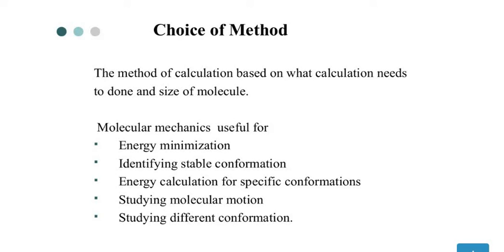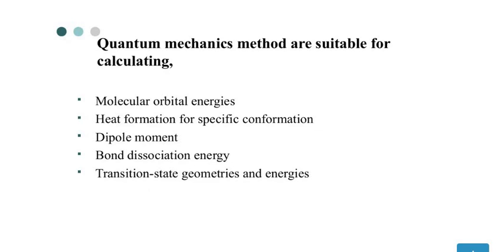Molecular mechanics is useful for energy minimization, identifying a stable conformation, energy calculation for specific conformations, studying molecular motion and studying different conformations. My friend, quantum mechanics methods are suitable for calculating molecular orbital energies, heat of formation for specific conformations, dipole moment, bond dissociation energy, and transition state geometries and energy.